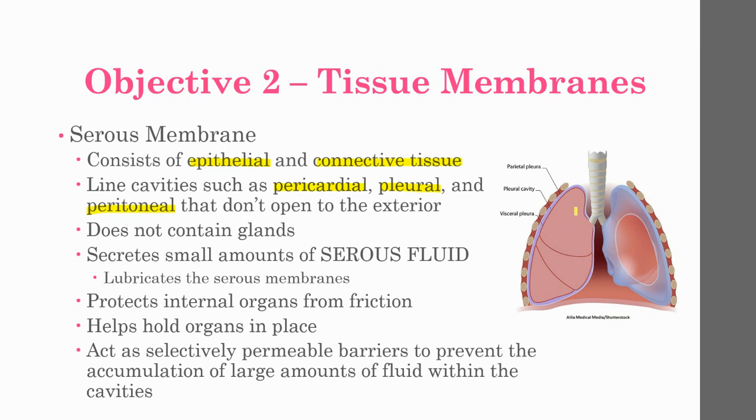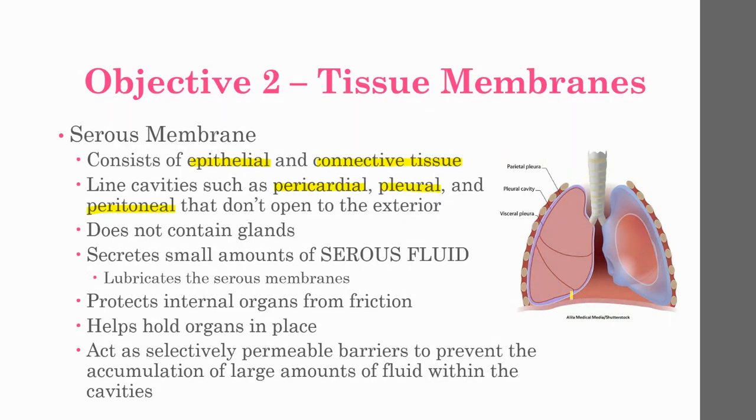And so we talked about before how you have the visceral that's going to be on the organ directly. So if it's the heart, it's the visceral pericardium. If it's the lungs, it's the visceral pleura. If it's in the abdominal area, it's the visceral peritoneum. And then you have the lining of the cavity itself, which is going to be the parietal.